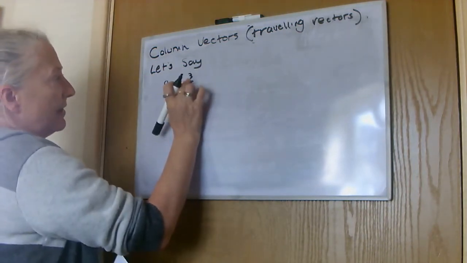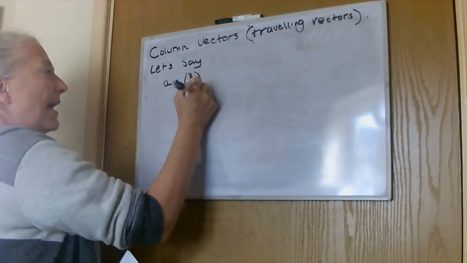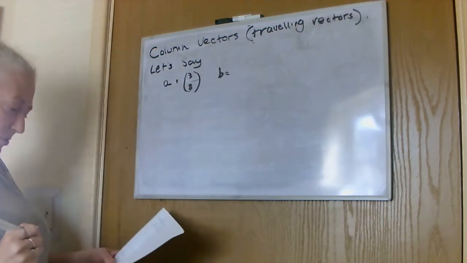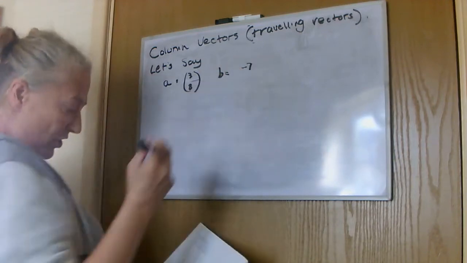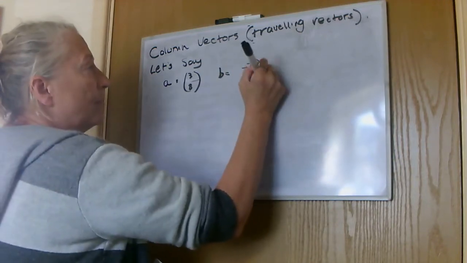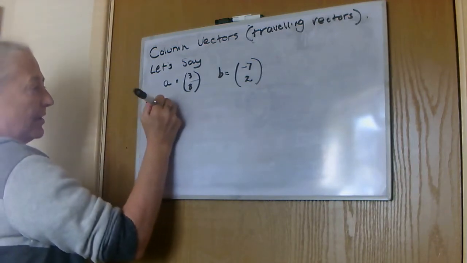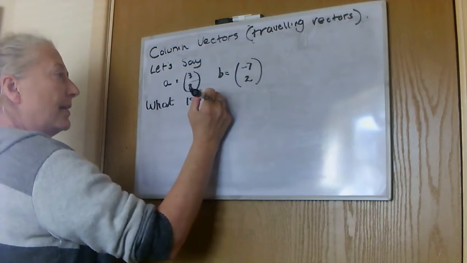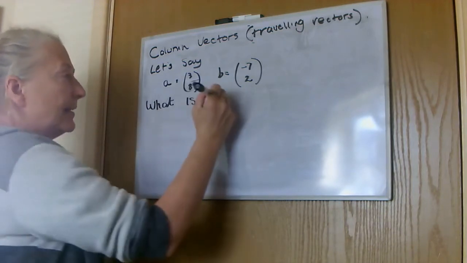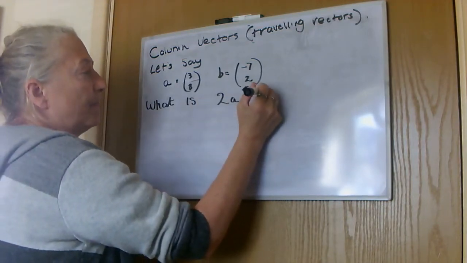Oh, got a line there, don't need a line. 3, 8. And B equals -7 and 2. And let's say the question says, what is 2A plus B?